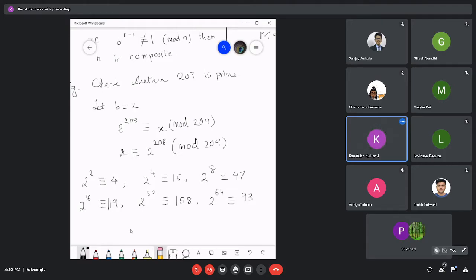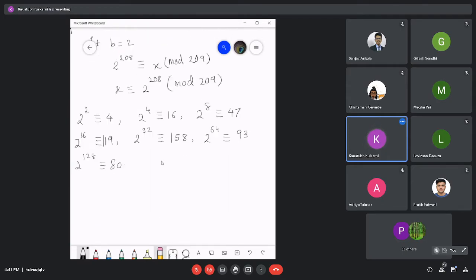Another way is we can use some tricks, or straight away the repeated squaring that we are using. 2 raised to 128 is 93 square mod 209. 93 square. Okay, 80 is correct.